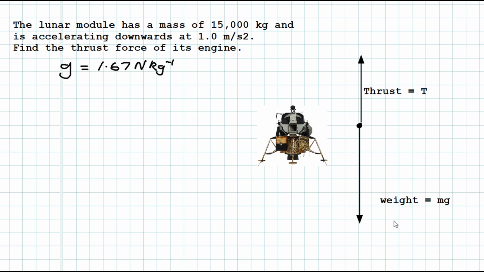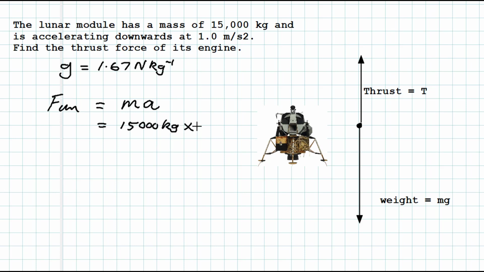First of all, the unbalanced force, we can work that out, because the unbalanced force, we know, is always equal to the mass times the acceleration. A key point: unbalanced force, mass times acceleration. And the mass of the lunar module is 15,000 kilograms. So we can put that in.